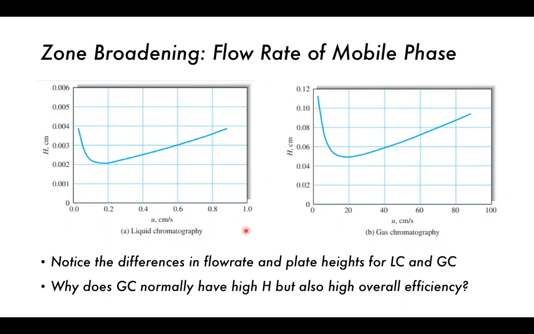This is due to the retention factors of the stationary phase, the generally higher interactions of the liquid phase with the solid stationary phase and things like that. Also, usually gas chromatography is much more efficient than liquid chromatography.